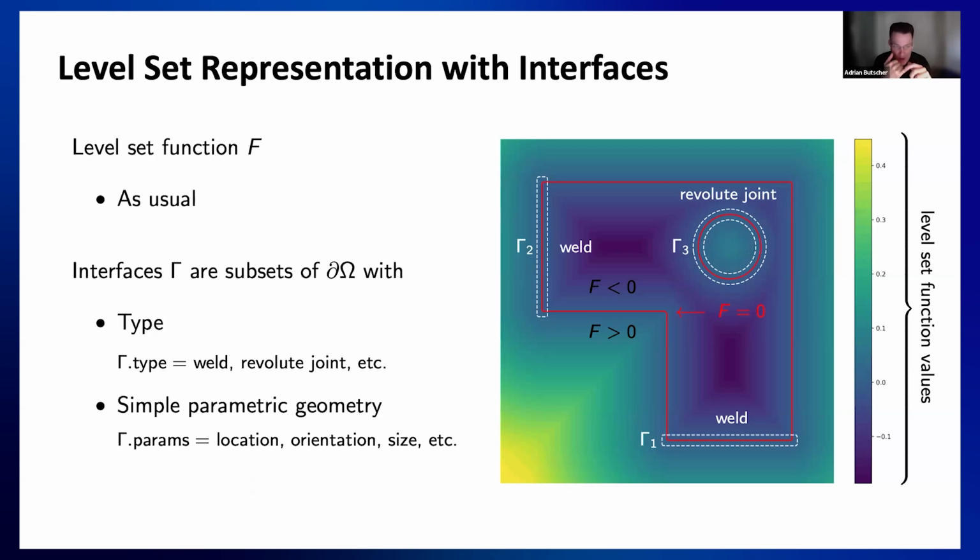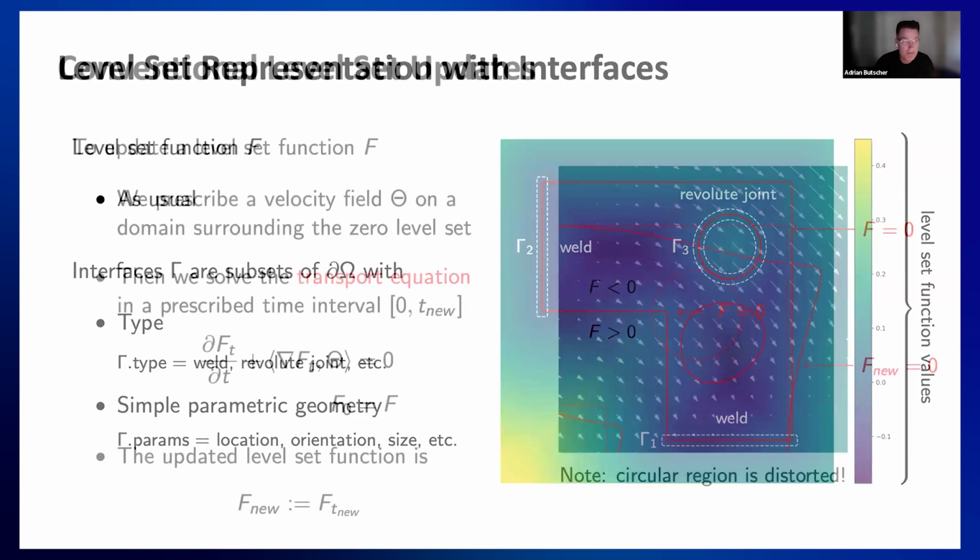The interface type might be a weld or a revolute joint, and that interface might have some simple parametric geometry like a location in space, an orientation in space with respect to some natural axes, and a size. Furthermore, whenever we update the level set function, we will be able to update the type and simple parametric geometry in accordance. So we're really just documenting and bookmarking and so maintaining the interface parameters as we go.